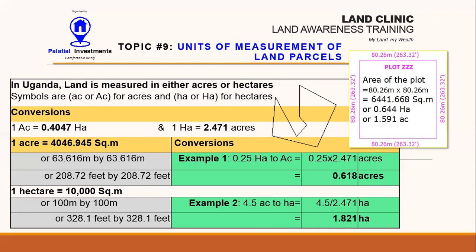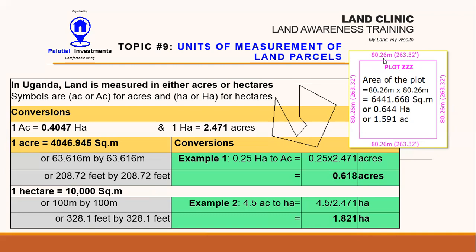Now, what about if you have 4.5 acres and you want to take it to hectares? You now divide by 2.471 and you will get 1.821 hectares. So 4.5 acres are actually equivalent to 1.82 hectares.